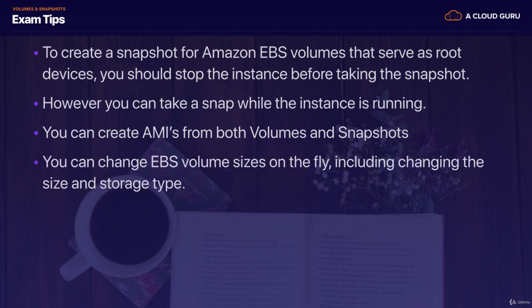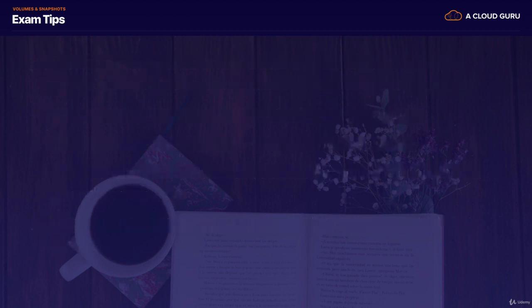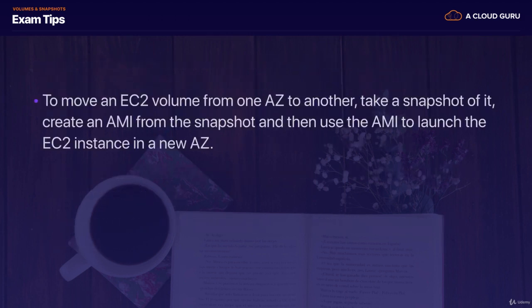And you can change EBS volume sizes on the fly, and that includes changing the size and the storage type. And volumes will always be in the same availability zone as the EC2 instance. So you'll never have a volume in one availability zone and your EC2 instance in another. Then in terms of migration, just remember that we can migrate EC2 volumes from one availability zone to another.